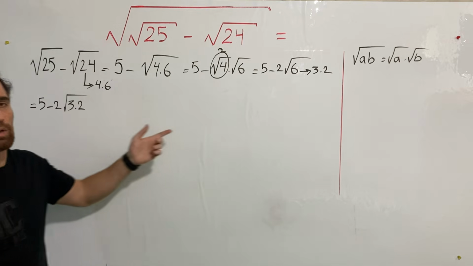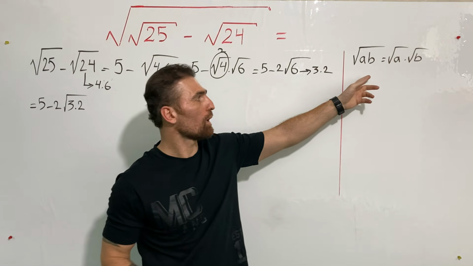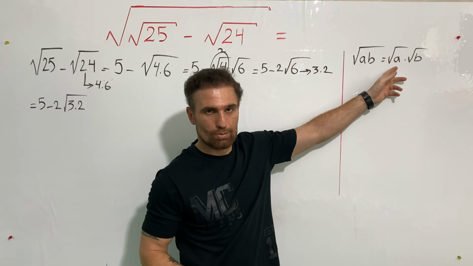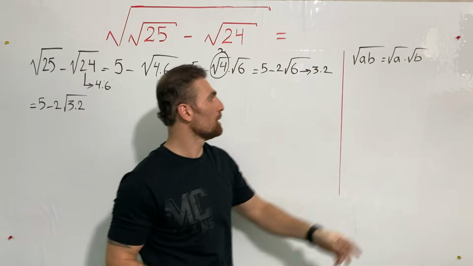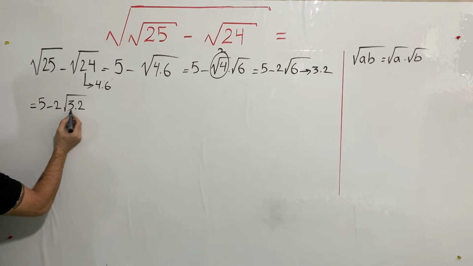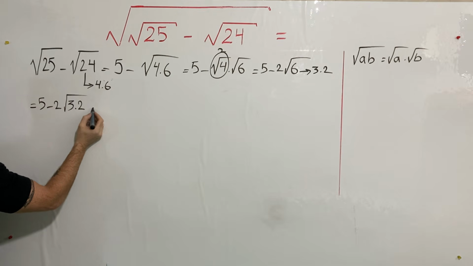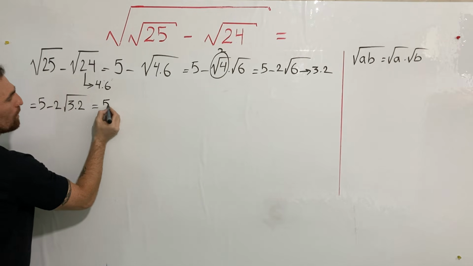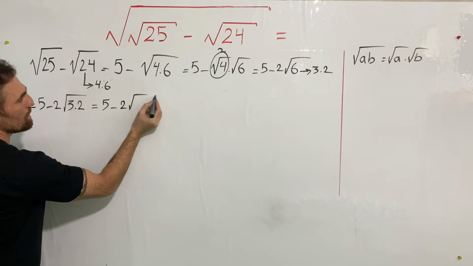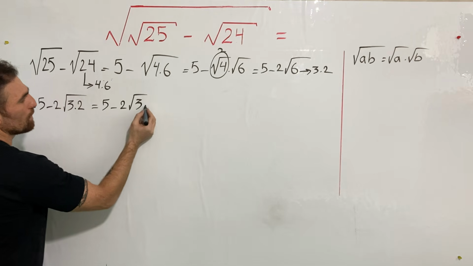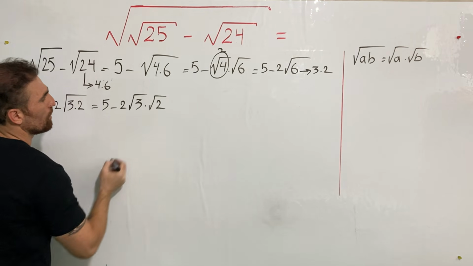Again, I'm going to follow this rule that says square root of a times b is the same as square root of a times square root of b. So square root of 3 times 2 is going to be square root of 3 times square root of 2. Let's rewrite it: 5 minus 2 times square root of 3 times square root of 2.